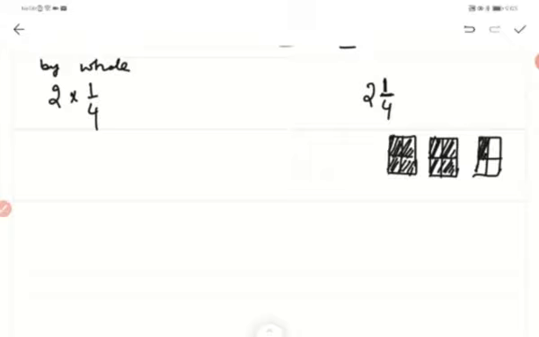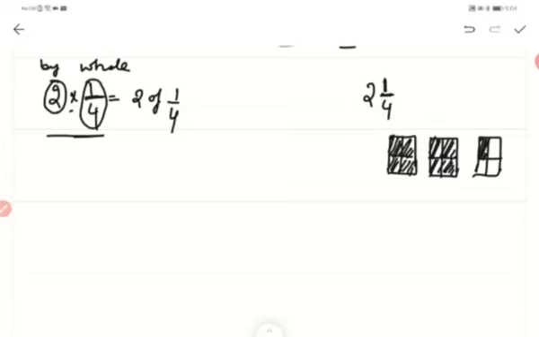So see, 2 into 1 by 4, you can say this as 2 of 1 by 4, or the product of 2 and 1 by 4. That is, 2 is a whole number and it is multiplied by a fraction. Now I just want to make it clear, students, 2 into 1 by 4 is different and 2 1 by 4 is different.